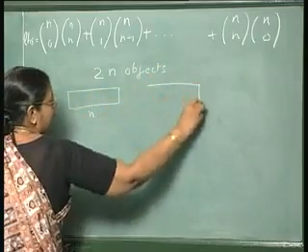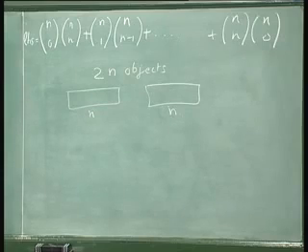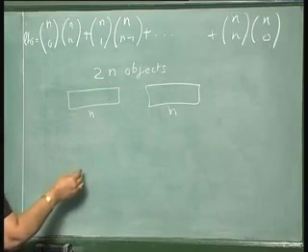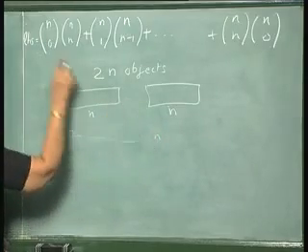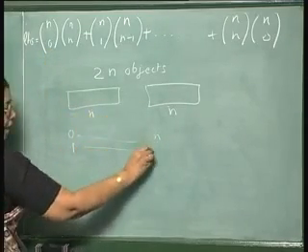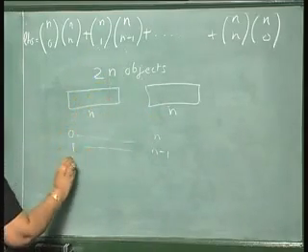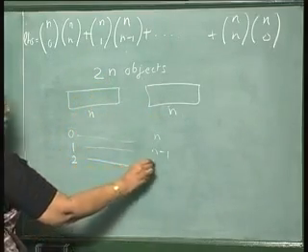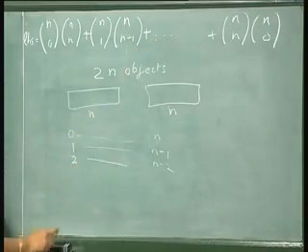I can choose 0 from here and n from here, which is given by this expression, or I can choose 1 from this set and n minus 1 from this set, and that is given by this. I can choose 2 from this set and n minus 2 from this, that will be the next term. And the last, I can choose all the n from this and 0 from the second set. So that is given by this.